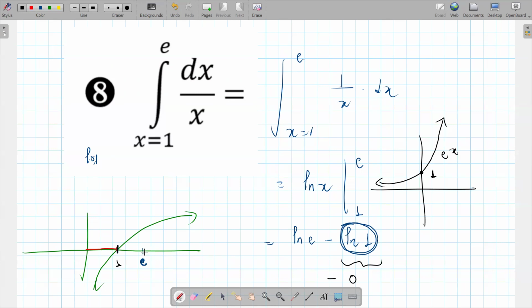Ln of e is always going to be 1, like that. So ln of e is a 1. Just think about the fact that these are inverse functions. When you compose one inverse with the other, they cancel each other out, but there's still a 1. F of f inverse of x, whatever the x value is, is always going to be x.